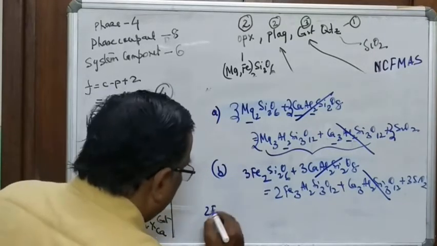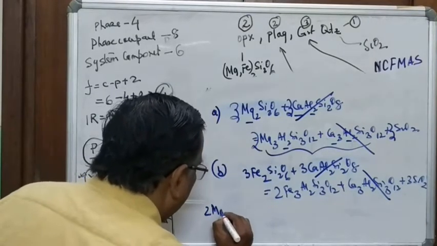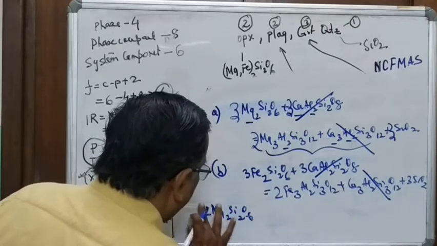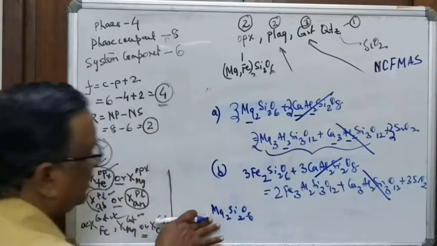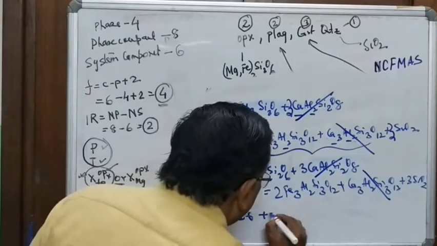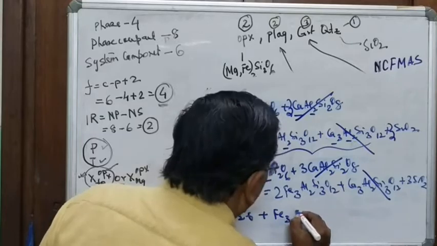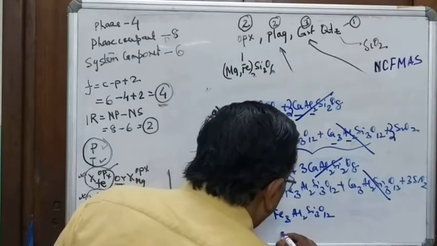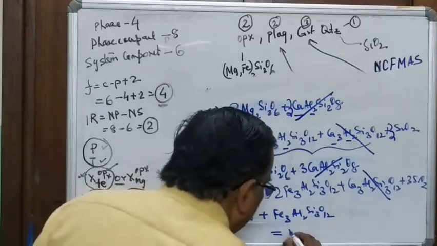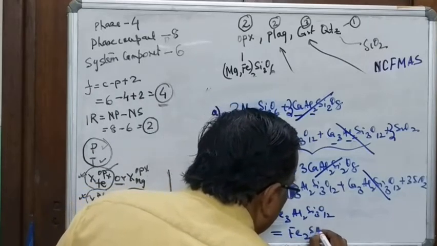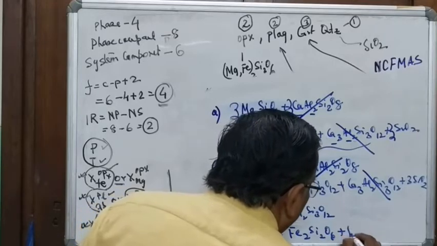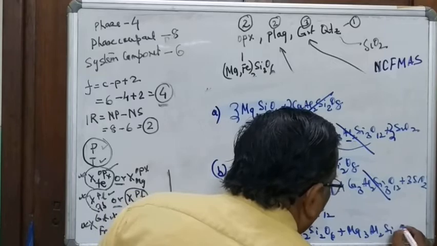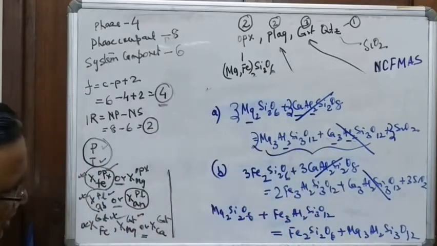2Mg2Si2O6, I will just write it, plus Fe3Al2Si3O12 is equal to Fe2Si2O6 plus Mg3Al2Si3O12. And this is not balanced.